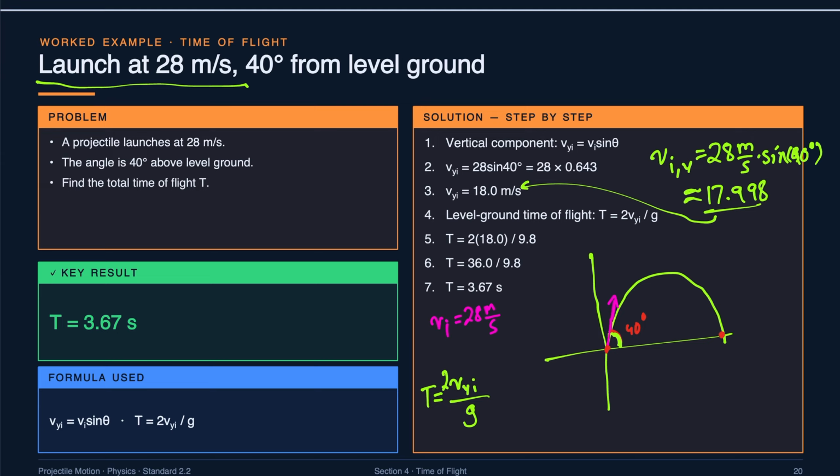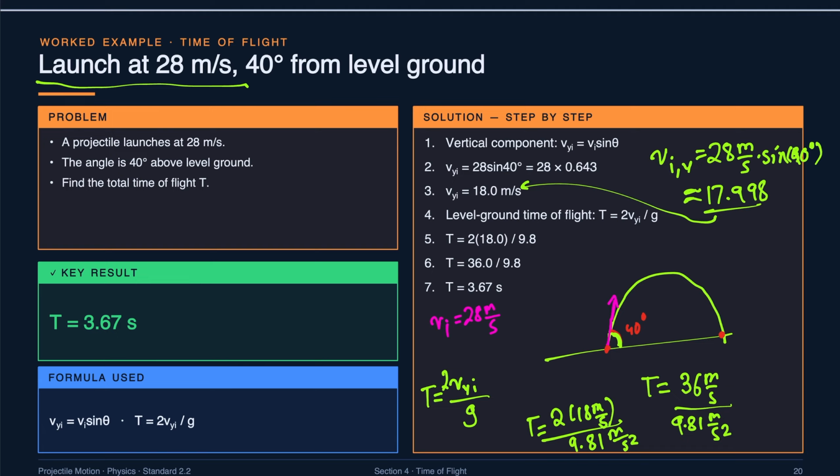Okay, so t is equal to 2 times 18 meters per second over g, which is 9.81 meters per second squared. So t is equal to 36 meters per second divided by 9.81 meters per second squared.